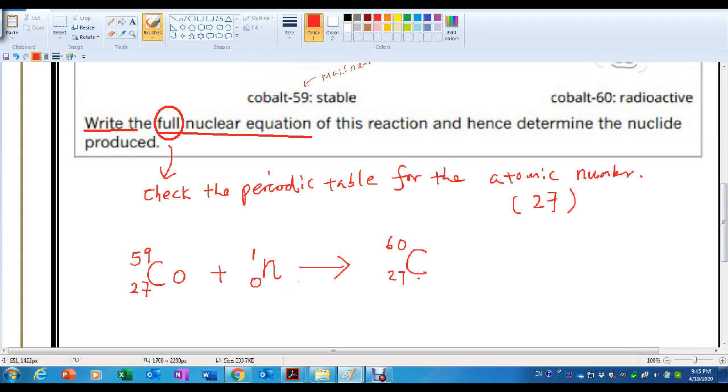So in this case, is this really an artificial transmutation? You might argue that cobalt-59 and cobalt-60 are both the same element, right?